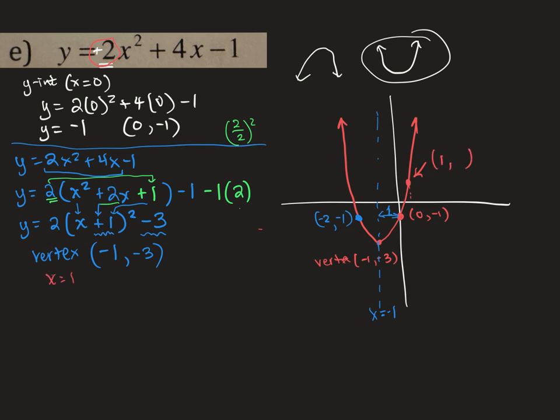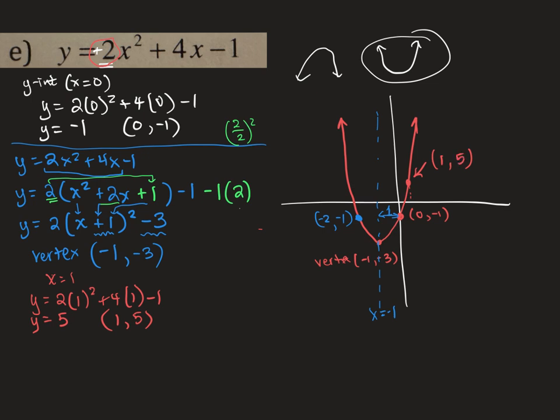So at x equals 1, you take your original equation, y equals 2x squared plus 4x minus 1, and you replace x with 1, and then you work out what that would be. So 1 squared is 1, times 2 is 2, plus 4 is 6, minus 1 is 5. So we now know we have a point at (1, 5).